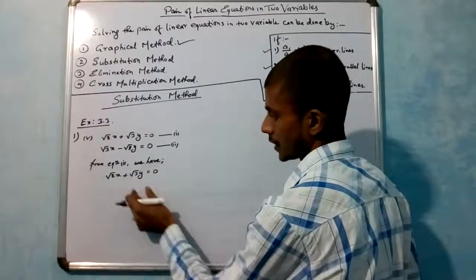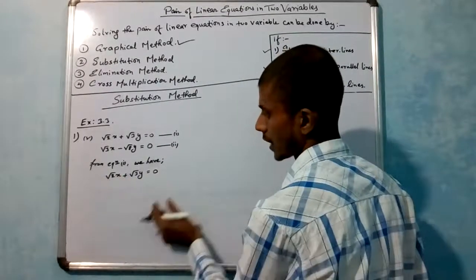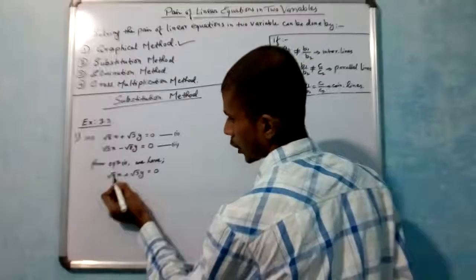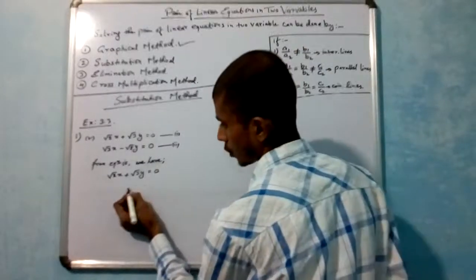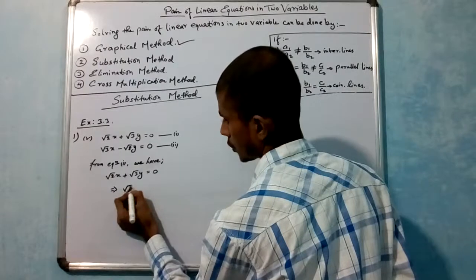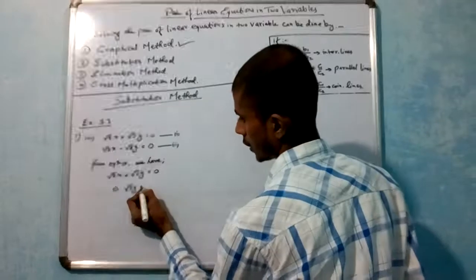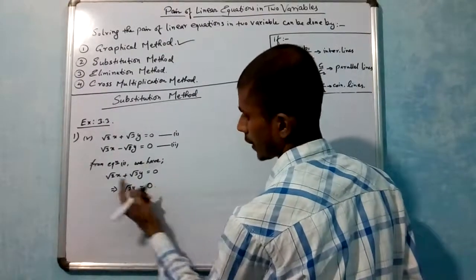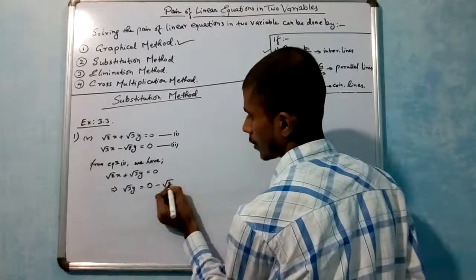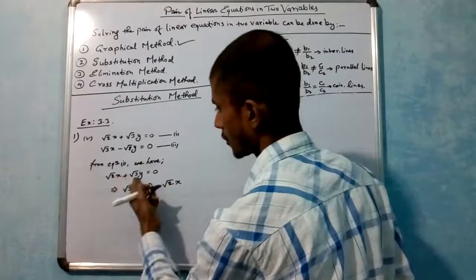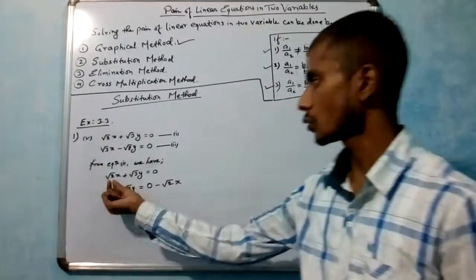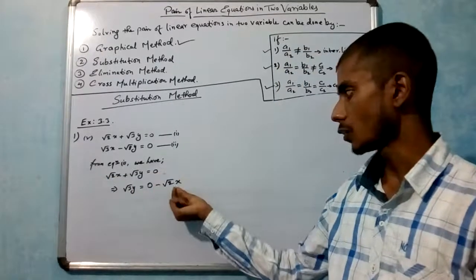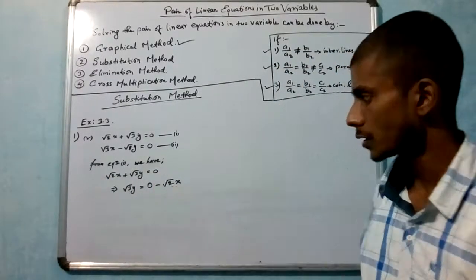So I will bring this side, or I will bring that side, anything. I will try to bring this x to this side. So we will get root 3y on this side only, equal to 0 minus root 2x. Root 2x is in addition with root 3y. When this is going to this side, it is going in subtraction, minus root 2x.